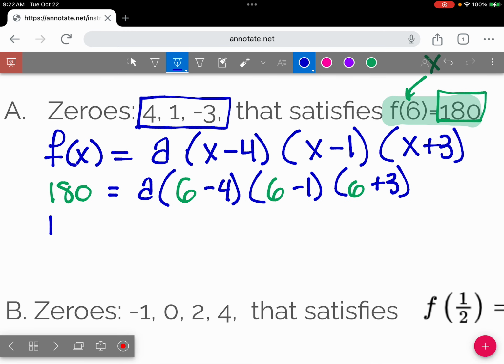So we're going to simplify this. I'm going to have my 180 equals A times 6 minus 4. We get 2. 6 minus 1 is 5. And 6 plus 3, 9. So we have A times 2 times 5 times 9.